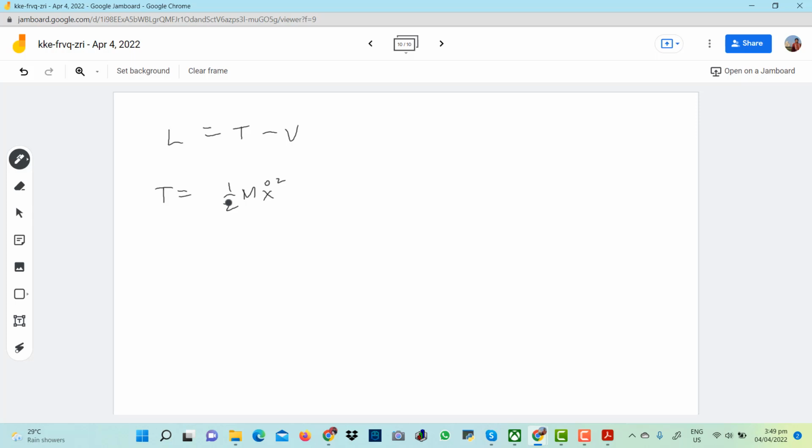What about the small particle m? For the small particle m, I have one half m times the velocity squared. The velocity of the small particle m is equal to x dot square plus x dot prime square plus 2 x dot x prime cosine of theta.